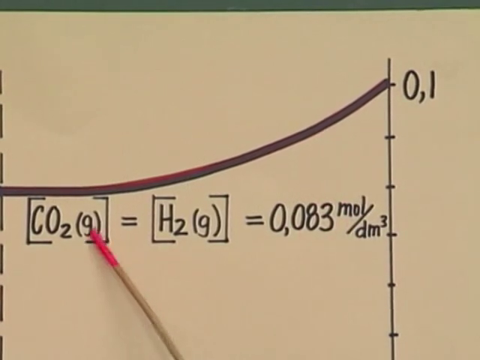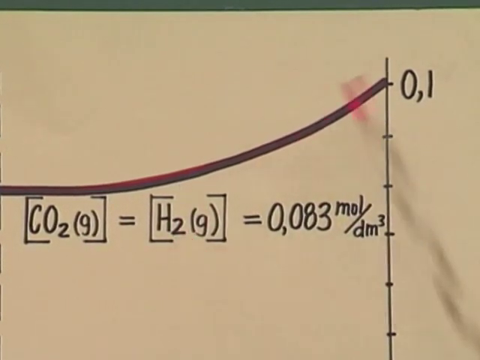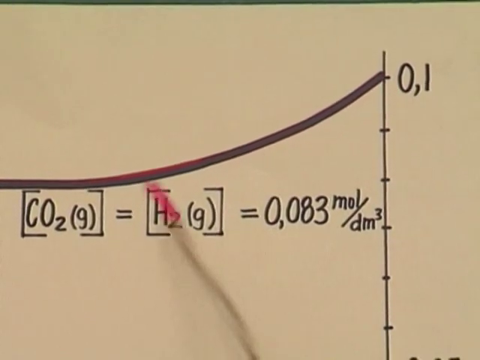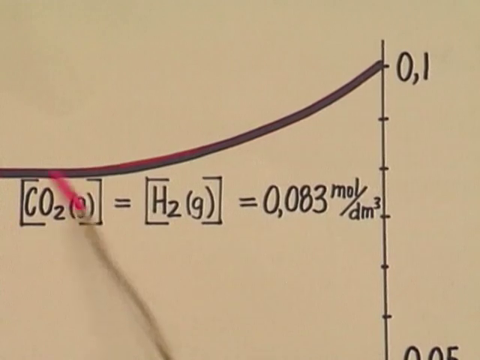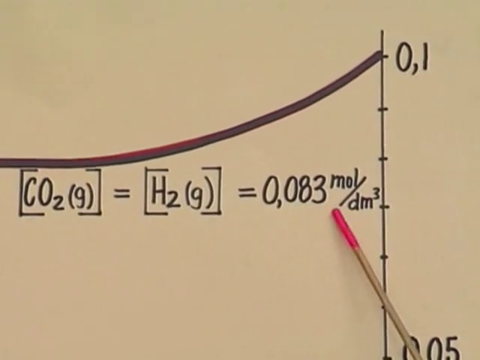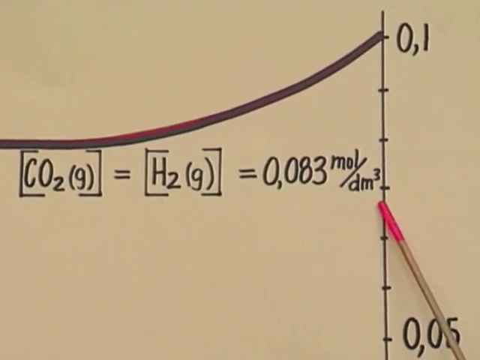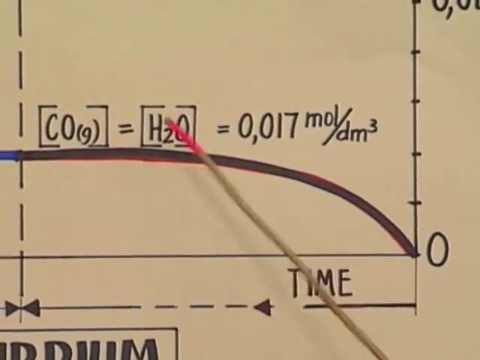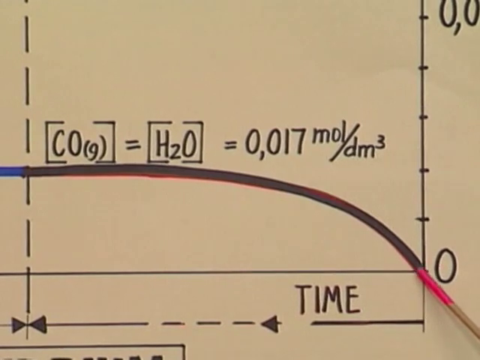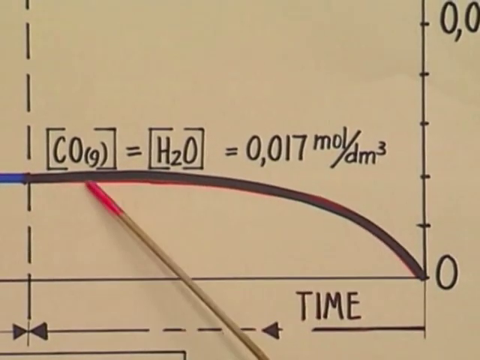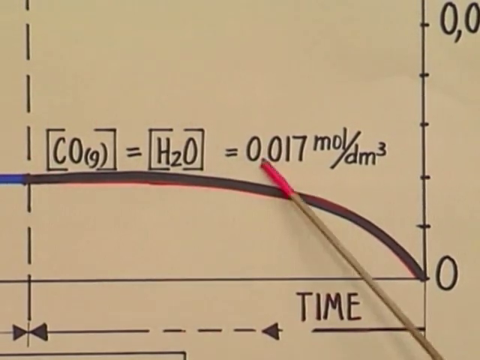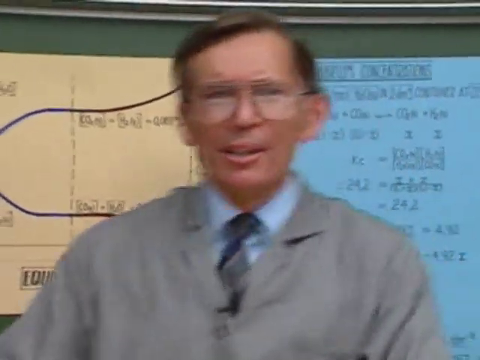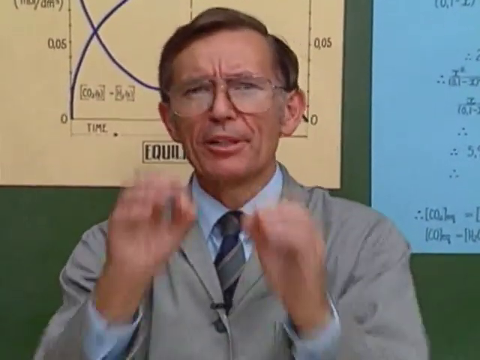The concentrations of the carbon dioxide gas and of the hydrogen will diminish from 0.1 mole per cubic decimeter to its constant equilibrium value of 0.083 mole per cubic decimeter as before, while at the same time the concentrations of carbon monoxide and of water will increase from 0 to the same final constant equilibrium value of 0.017 mole per cubic decimeter.